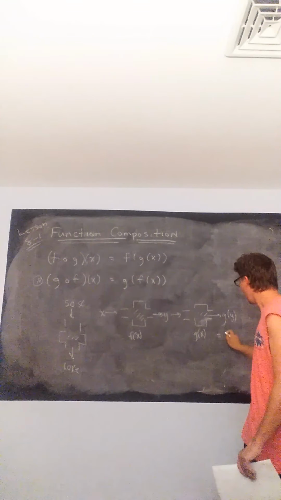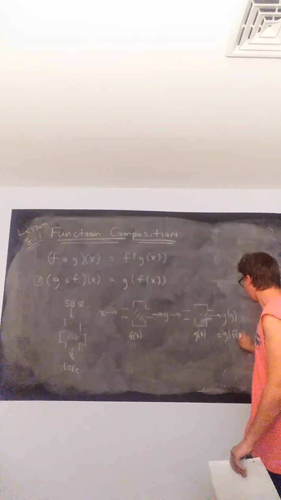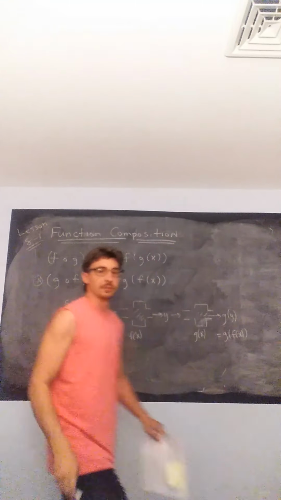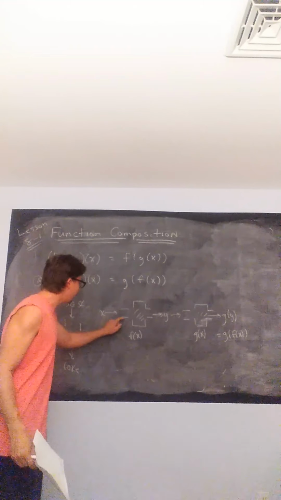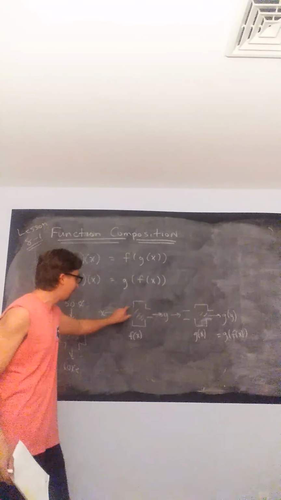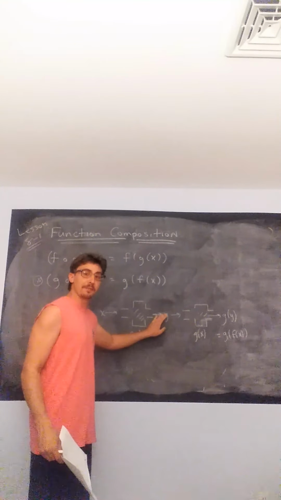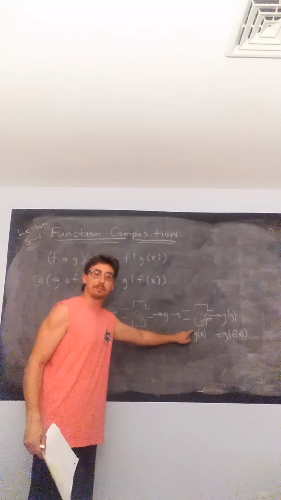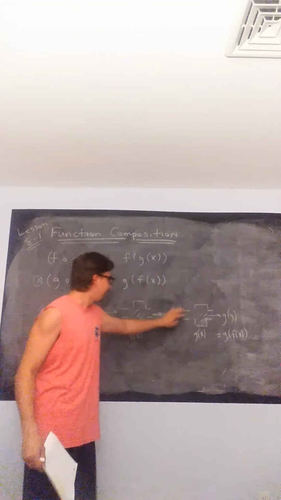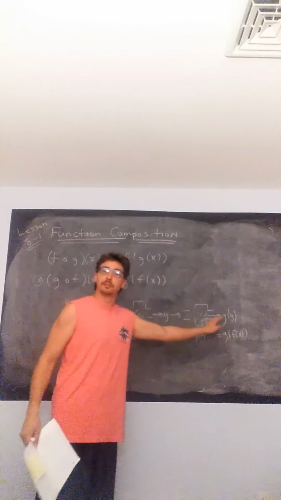And what does g of y equal? That is g of f of x. So that's how function composition works. X goes into the f black box, spits out y, but we're not done. We're going to pass it on to the next black box, which is the g function. That does its magic, and that gives us g of y.